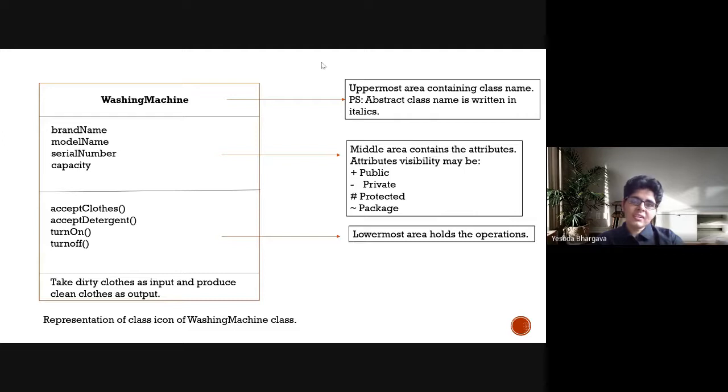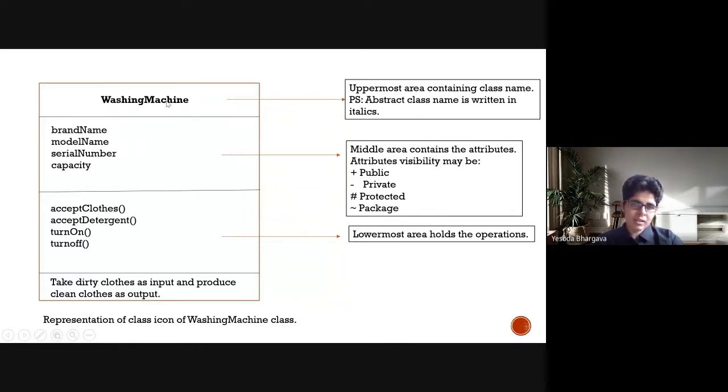Generally in a class diagram, this is how a class is denoted. Sometimes there are different ways to denote classes. Sometimes this last row is removed, but all these three rows are always there. The first row is the title or the name of the class. It contains a class name.